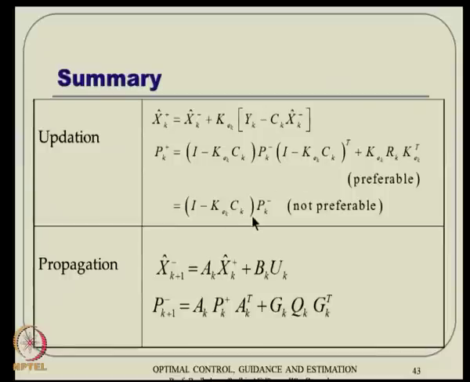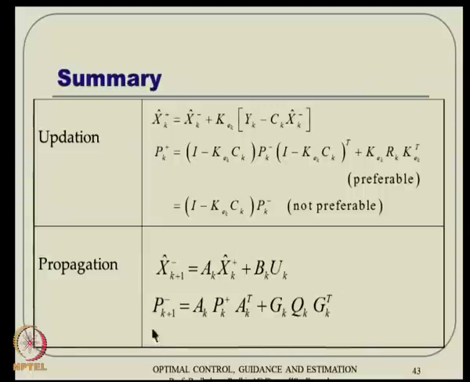Then we have this propagation after that. The propagation turns out to be like this. This is system dynamics. We can propagate directly, and remember there is no noise which is taken into account. While propagating, you can't have a noise. The noise is something that is unknown actually. So, we just propagate with the known part of the system dynamics.